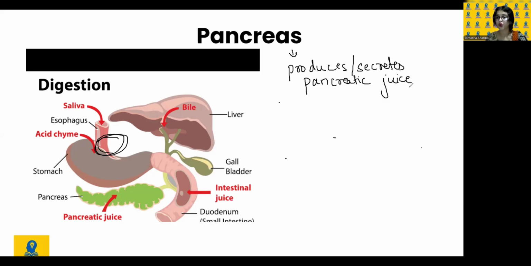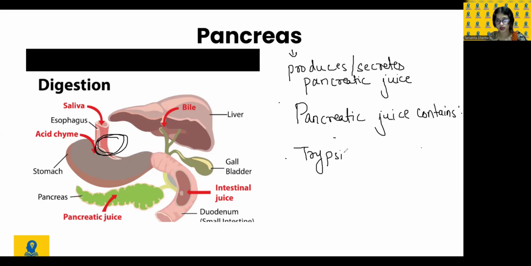So what does pancreatic juice contain? Number one is trypsin. Number two is lipase. And number three is amylase.